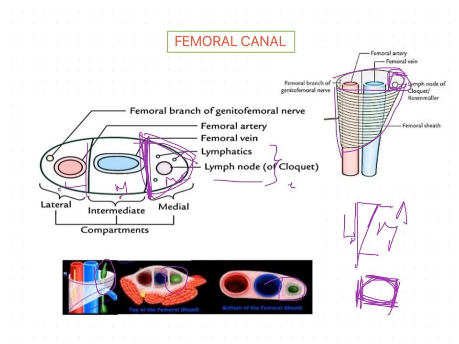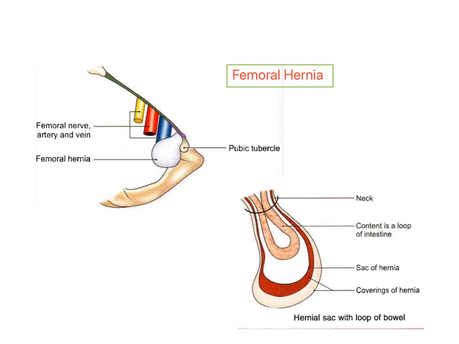Now the clinical anatomy of the femoral canal: it is mainly associated with the femoral hernia. The femoral canal is an area of potential weakness in the abdominal wall through which abdominal contents may bulge out, forming a femoral hernia.